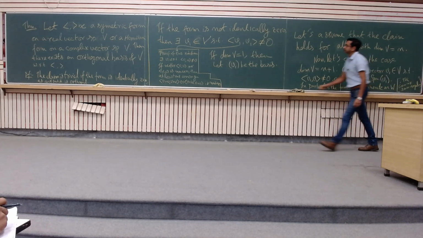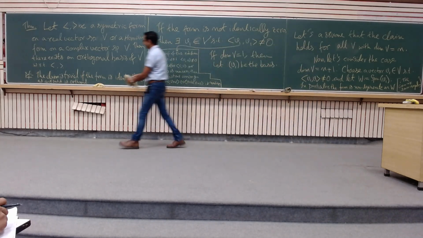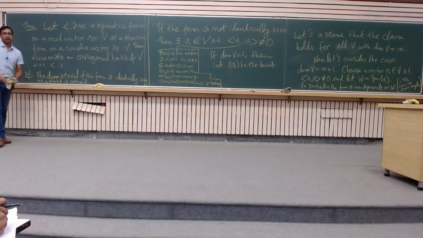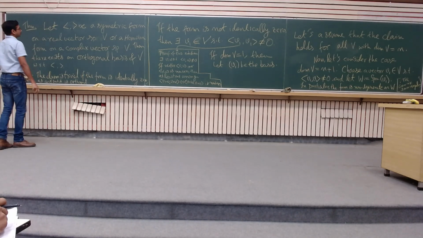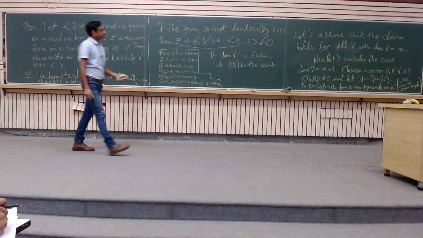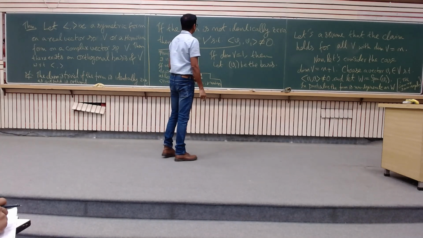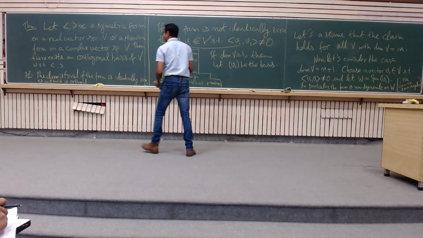Or you can say it directly, because it's a span of a single vector V1, and if it is not self-orthogonal, that means in particular the null space is 0, right? So that will let us, right?